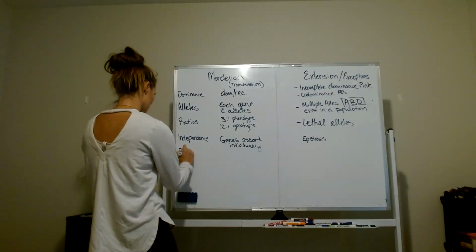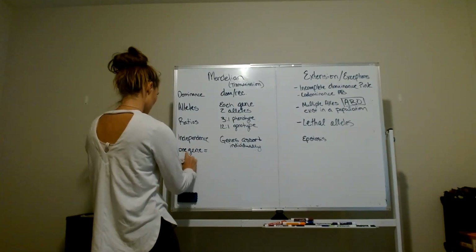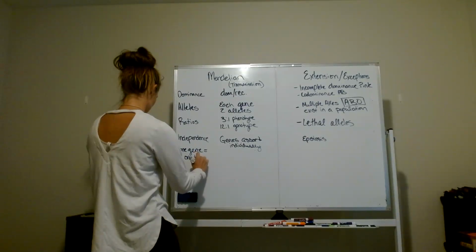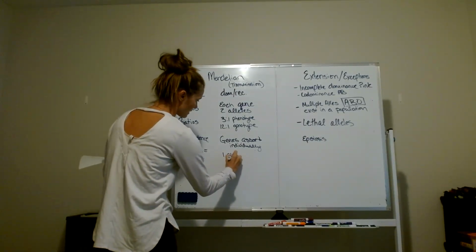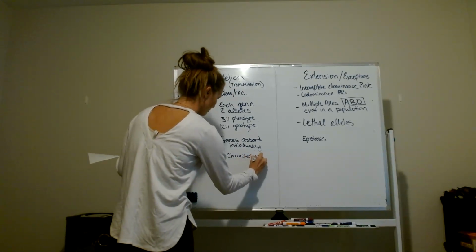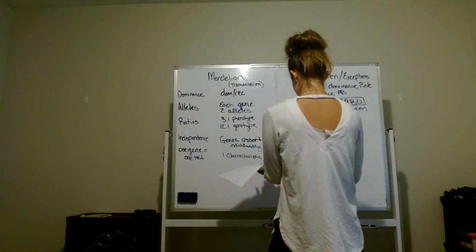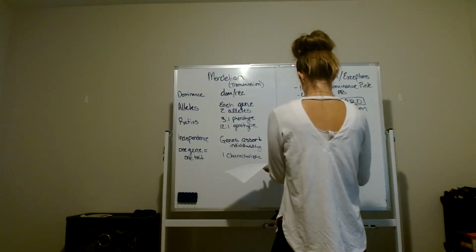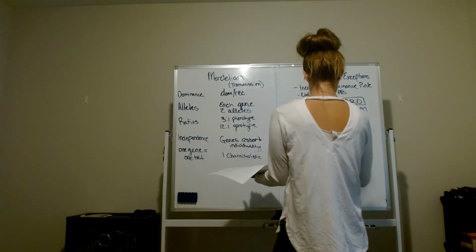One gene equals one trait. Each gene affects one characteristic. Right? And we found that in pleiotropy, the exception, one gene can affect many traits.